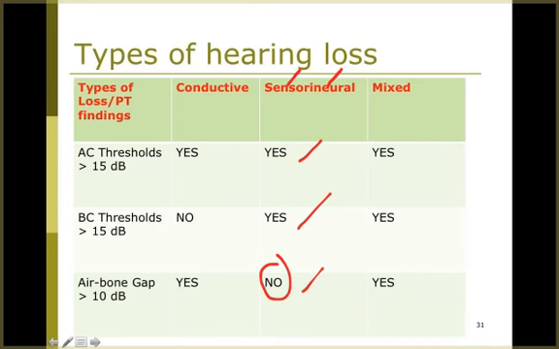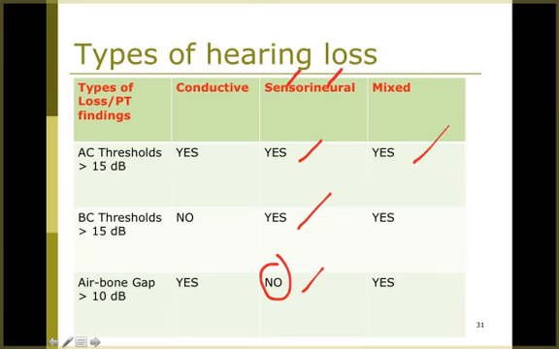This could be an example of an elderly individual having presbycusis, in other words, a hearing loss because of age, which typically is because of a problem in the cochlea or in the auditory nerve, and who is also temporarily suffering with an ear infection. So there's some problem in the middle ear. If you were to do a pure-tone audiogram on this person, it's going to show as a mixed hearing loss because his air conduction thresholds are going to be more than 15 dB.